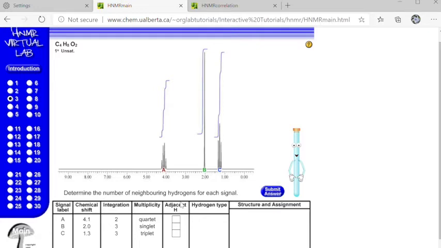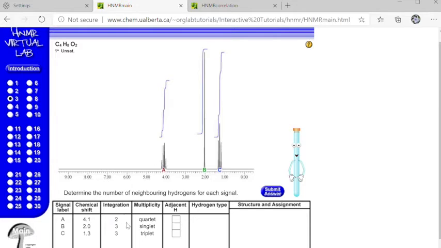So the next question is, the adjacent hydrogens means how many nearest neighbors do you have? And the peak that we see is yourself plus your nearest neighbors.